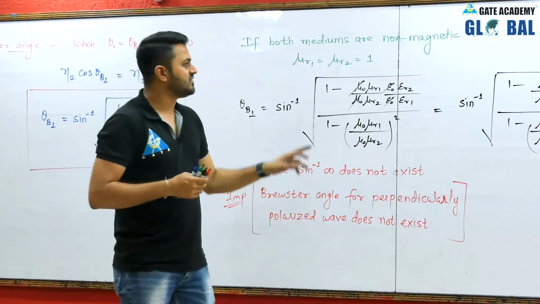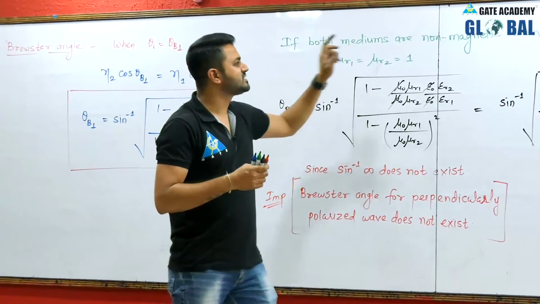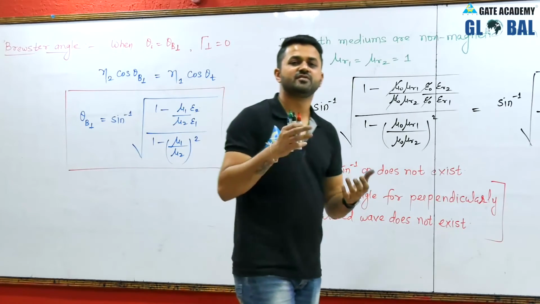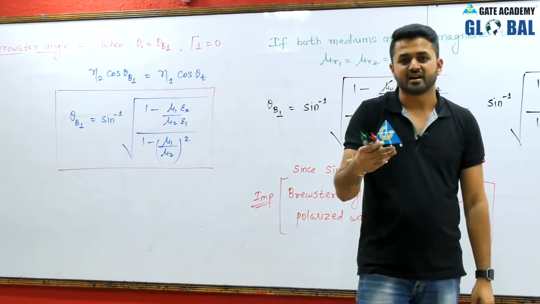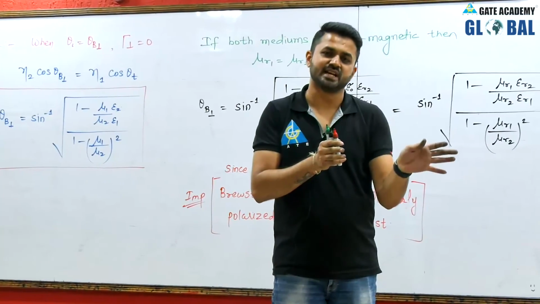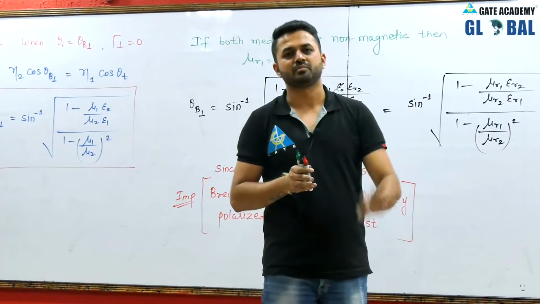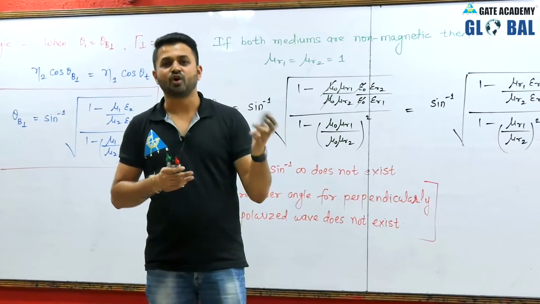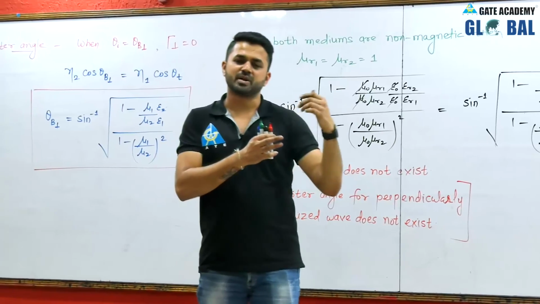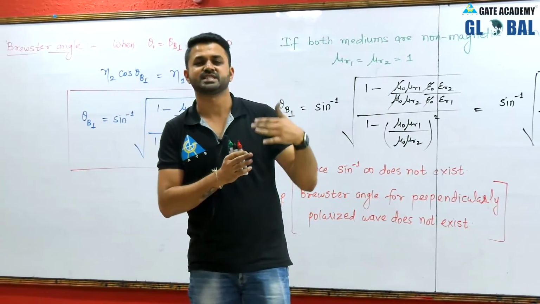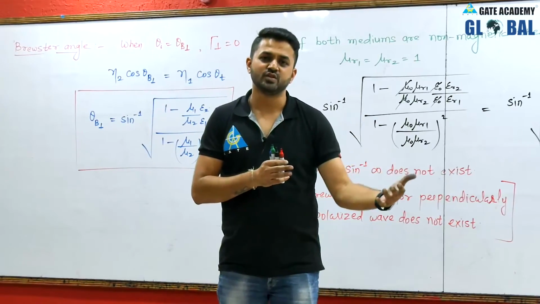Hence when the wave is incident at the Brewster angle and a reflected wave is present, it has to be perpendicularly polarized, because for the perpendicular polarized wave there is no angle of incidence for which the reflection coefficient can have the value 0.